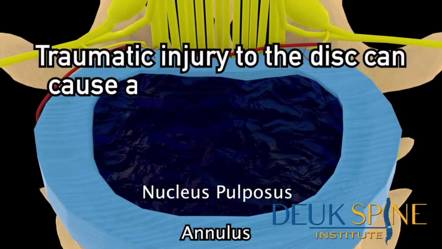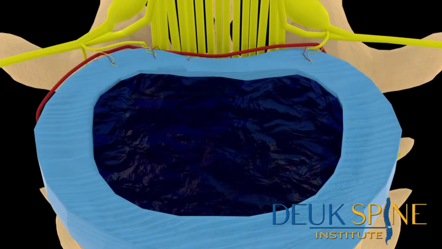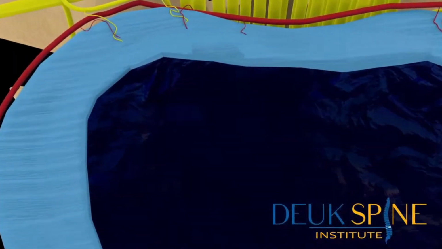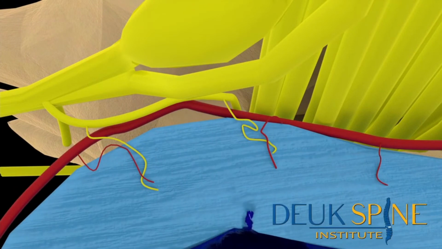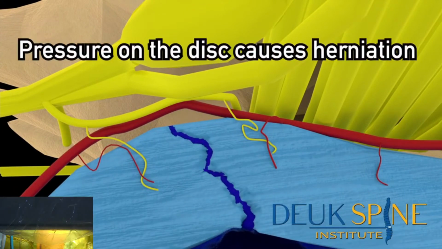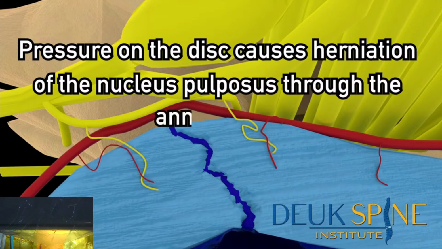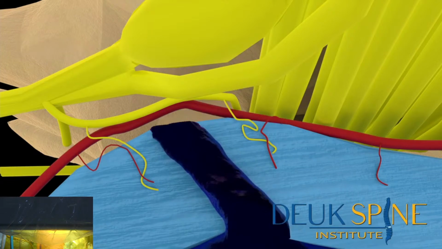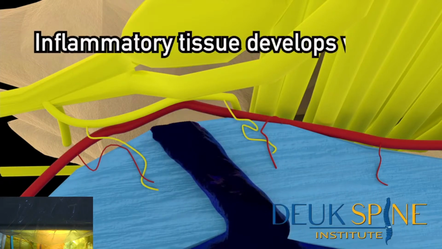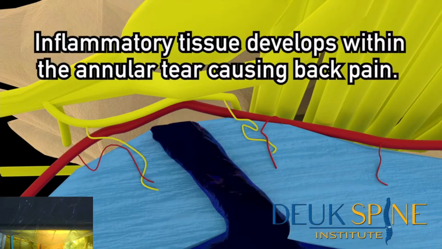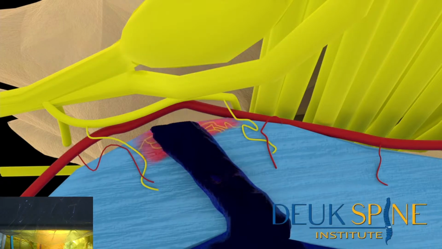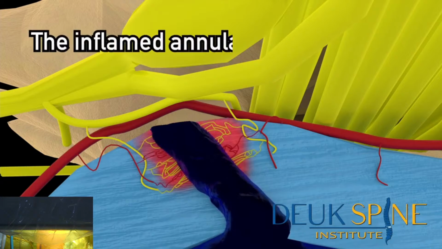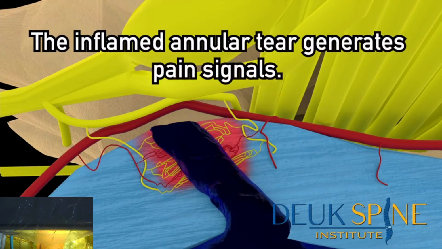Traumatic injury to the disc can cause annular tears to form. Pressure on the disc causes herniation of the nucleus pulposus through the annular tear. Inflammatory tissues develop within the annular tear, causing back pain. The inflamed annular tear generates pain signals.